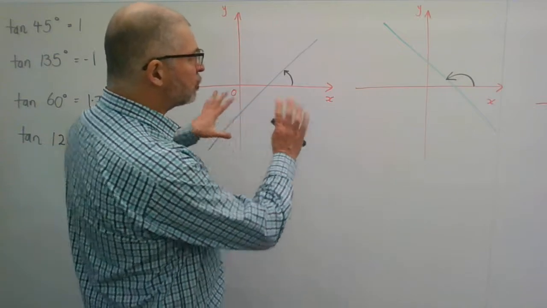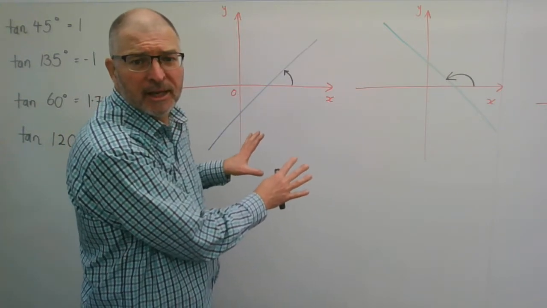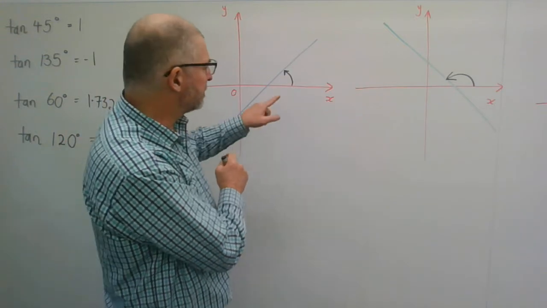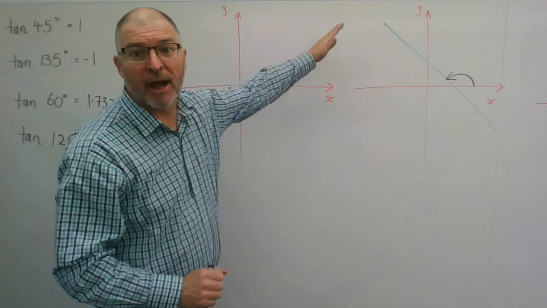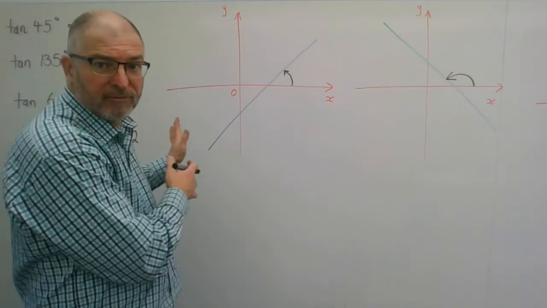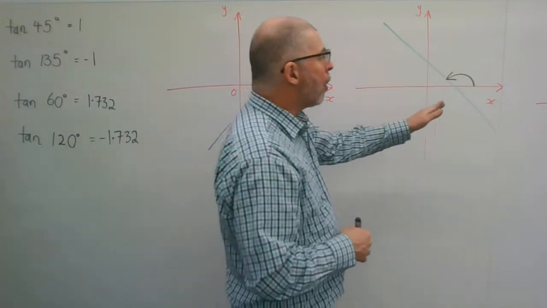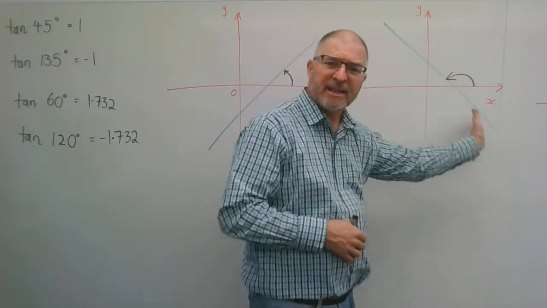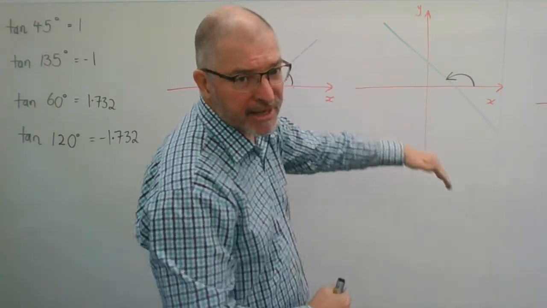So they're the two drawings that we might be interested in, depending on whether the line creates an acute angle, which we know has a positive gradient, because as we walk from left to right across the number plane, we're going uphill, or an obtuse angle, which we know has a negative gradient, because as we walk from left to right across the number plane, we're going downhill.